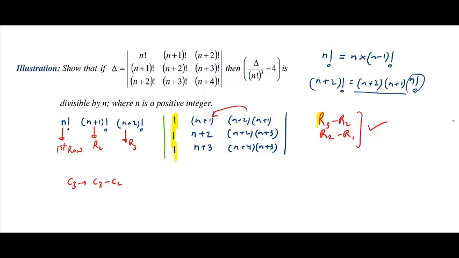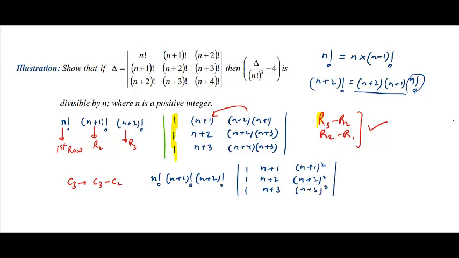As soon as I do this, I get n factorial, n plus 1 factorial, n plus 2 factorial times the determinant with rows 1, n plus 1, n plus 1 square; 1, n plus 2, n plus 2 square; 1, n plus 3, n plus 3 square. When you subtract the second column from the third column, observe carefully that you get n plus 1 square, n plus 2 square, n plus 3 square.